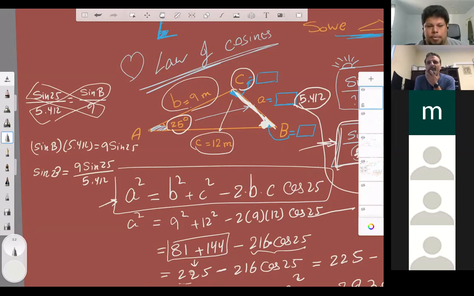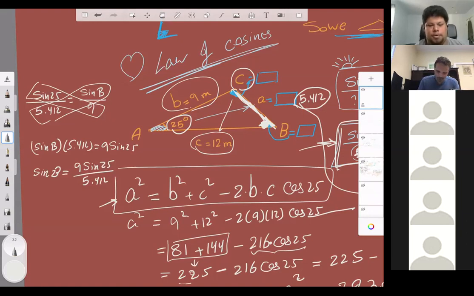How do I solve for b here? We enter in the calculator 9 sine 25 first, and then right after it, 5.412. So we have sine of b equals 9 times sine of 25, which is 0.42, divided by 5.412.